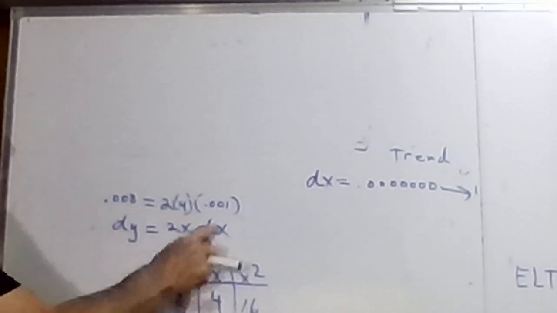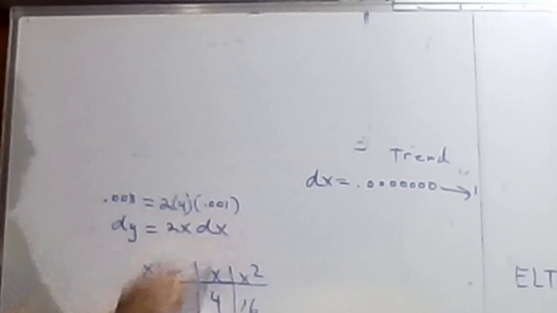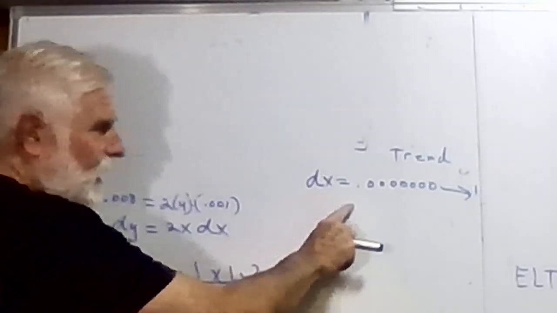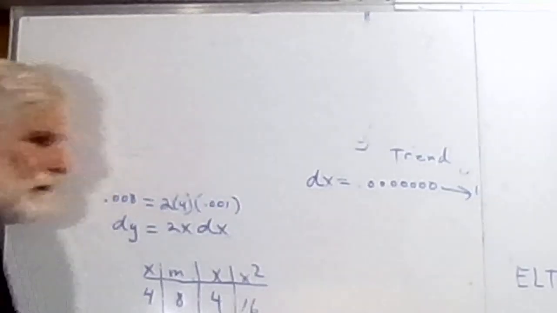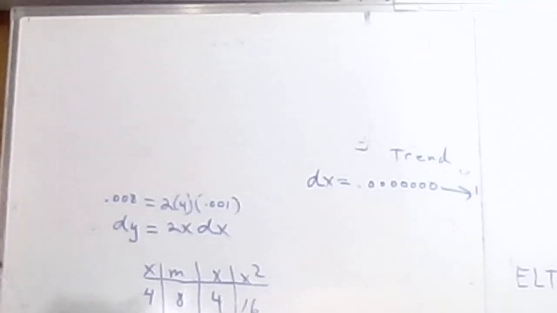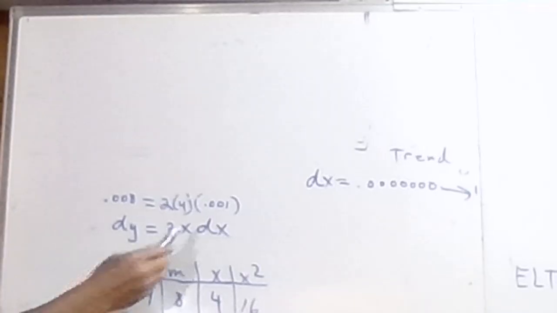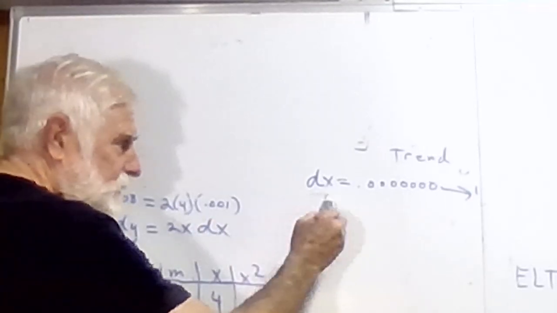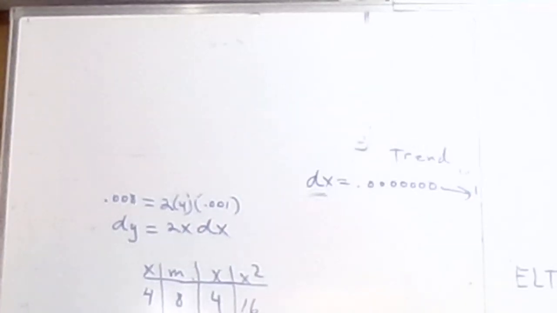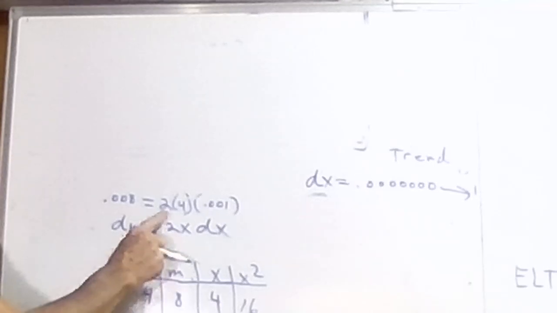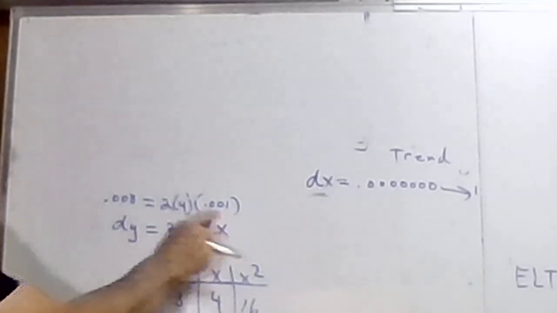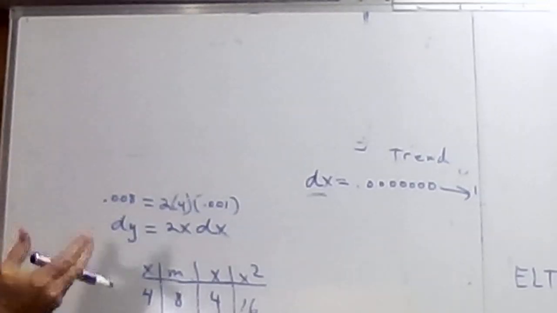And if I said dx was represented by 0.001, and remember dx could have a lot more zeros in it. And it's like a Phillips head screwdriver. The smaller the change we make in x, the more accurate we can look for rates of change. And so 2 times 4 is 8 times 0.001. Is it 0.008? Well, let's take a look.